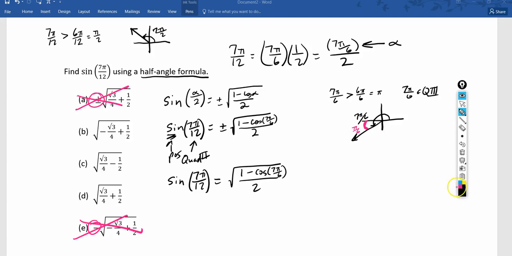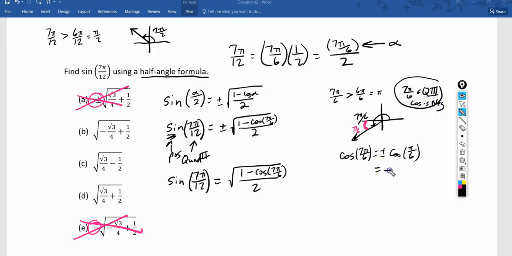So what do we know about a reference angle? Well, I need the cosine, not the sine, because I'm using this formula. The cosine of 7 pi over 6 is going to be plus or minus the cosine of the reference angle. Now, what quadrant are we in? We're in quadrant 3, and in quadrant 3, cosine is negative.